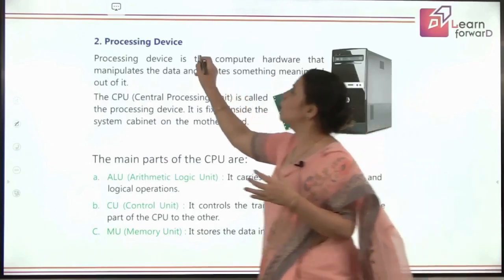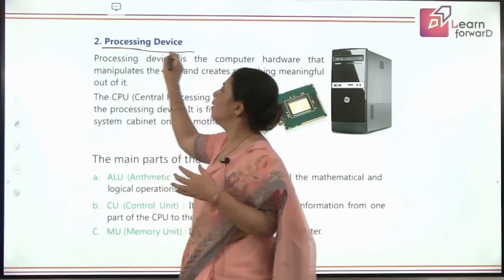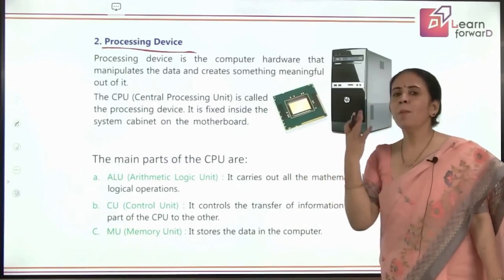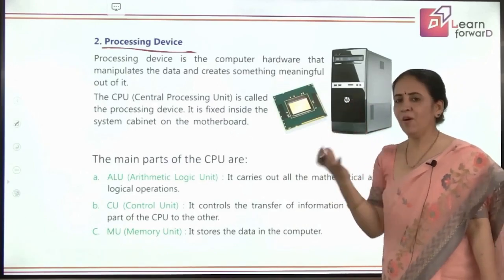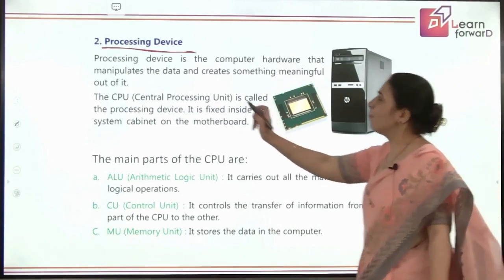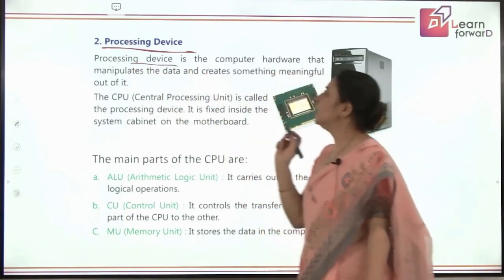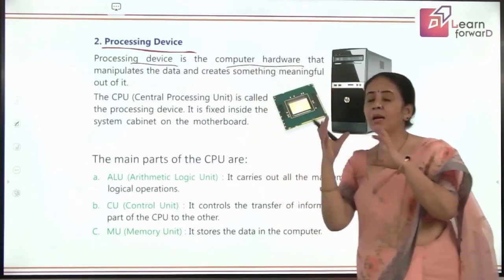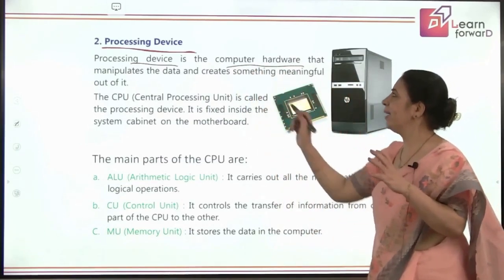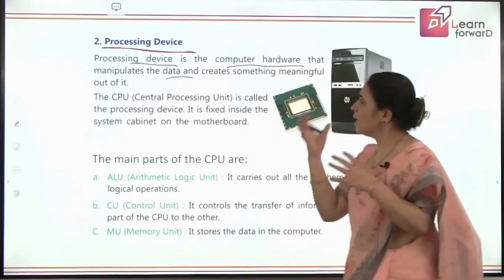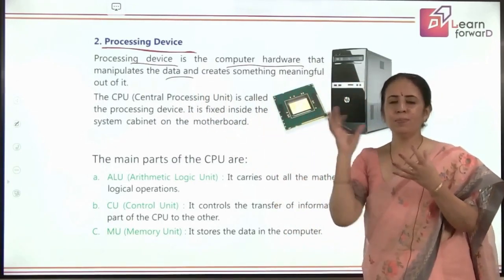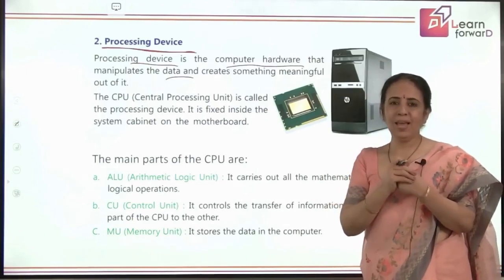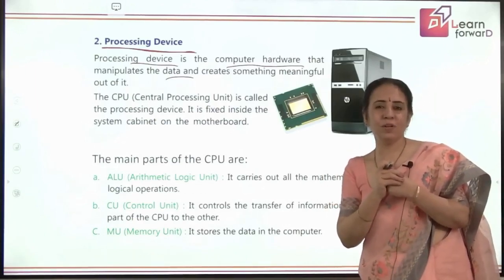Now, we have all learned about input devices so far. We come to the second type of devices, which are called processing devices. Say with me, processing device. So what are processing devices? The devices which are part of computer hardware, and are used to manipulate data in the computer, and we get all the processing done by it. Have you heard of the word CPU?